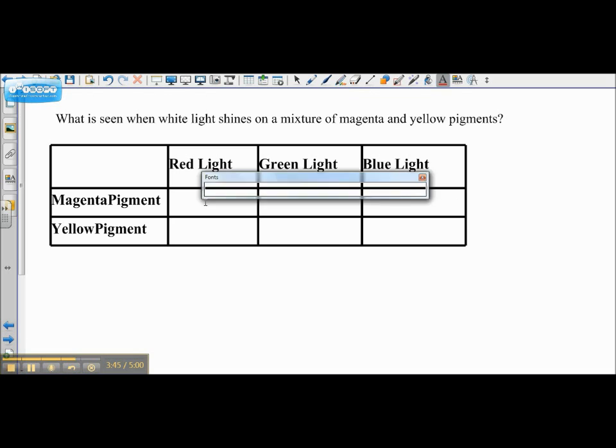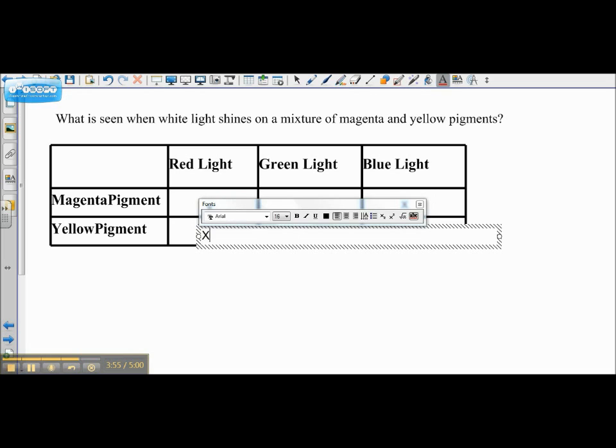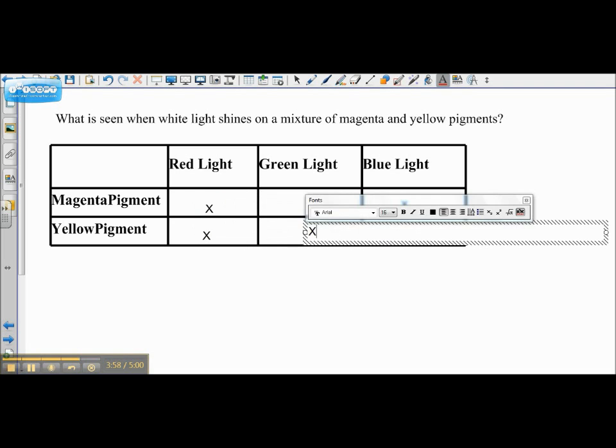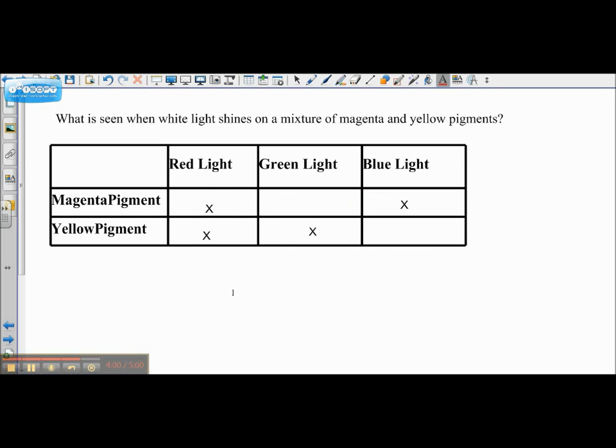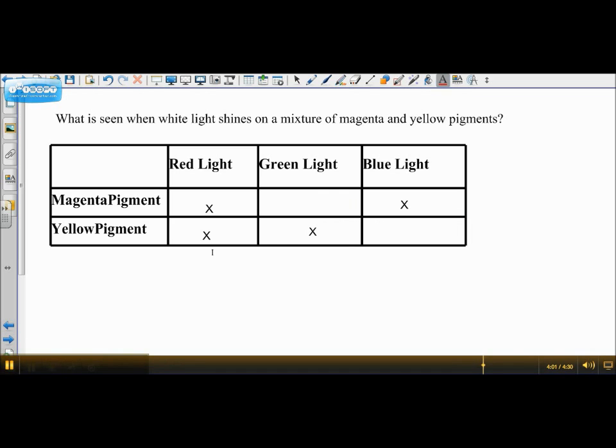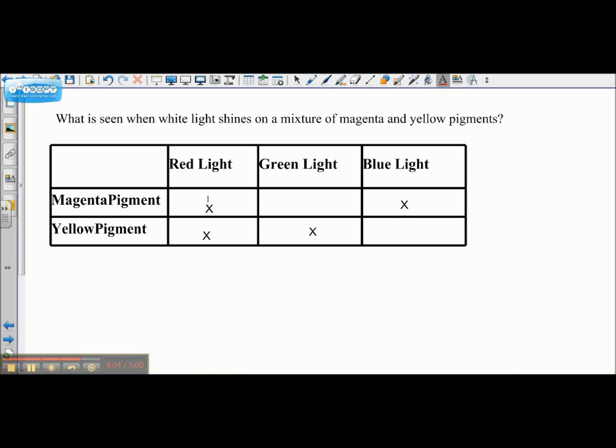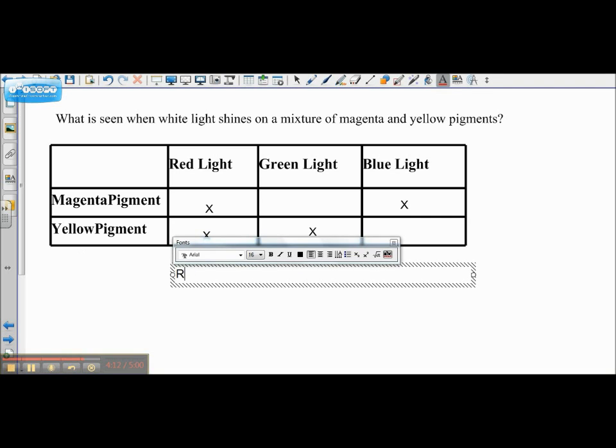So what we're going to do is mark these with an X. Yellow is created by reflecting red and green light. So the way we know what color will appear is we have to figure out which one they both have in common. The only one they have in common is red. So if we mix magenta and yellow pigment, we'll get red.